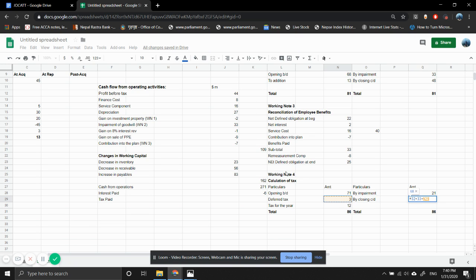Plus 3, really complicated. So 18 is equal to minus 18. That should be our cash from operating activities.